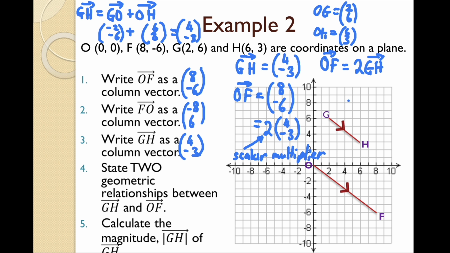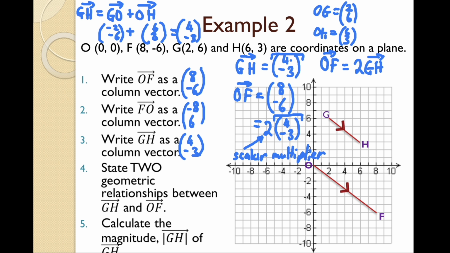Now the question is, what makes them parallel? If we did not have a picture, we would know that they're parallel because of this portion here. You see how both of them have 4, negative 3 to some extent? That's how we know that they are parallel. So they're like scalar multiples of each other, right?